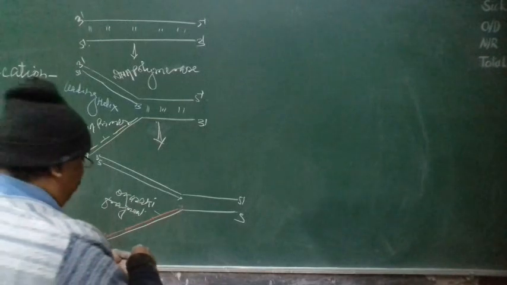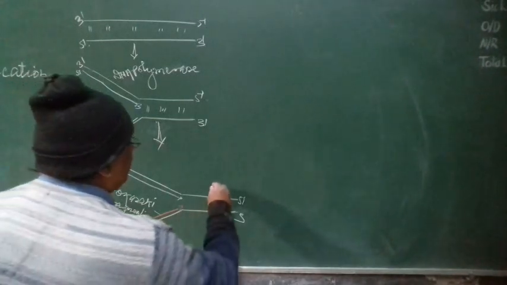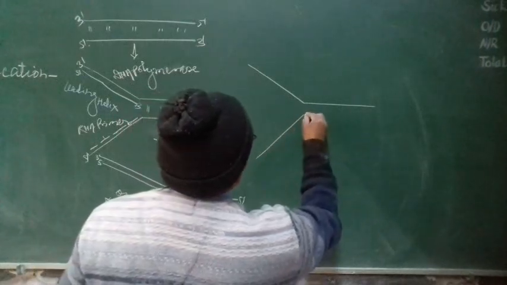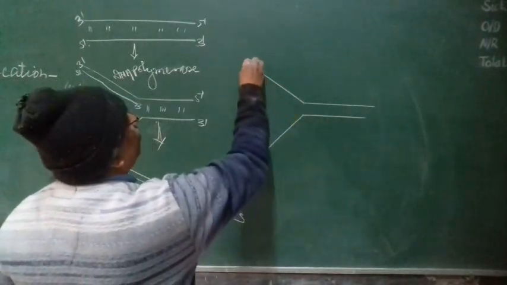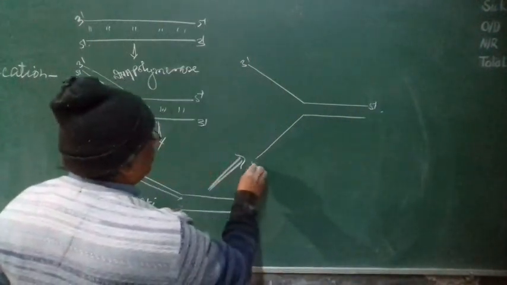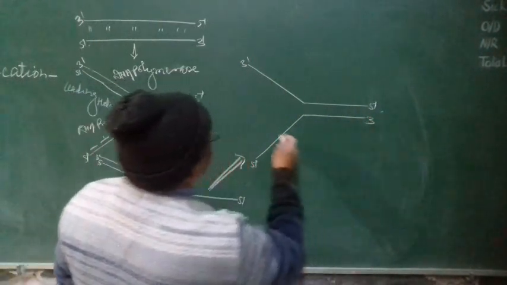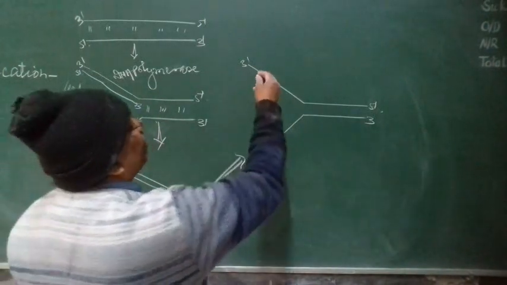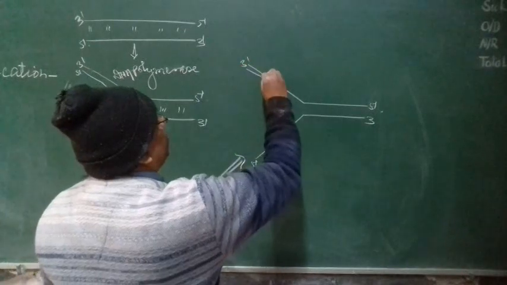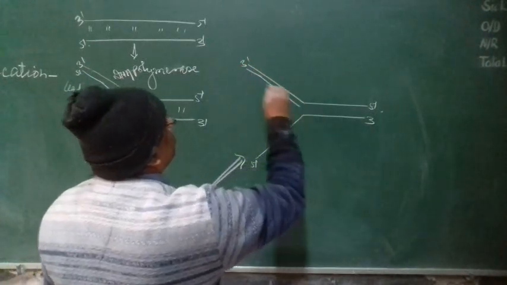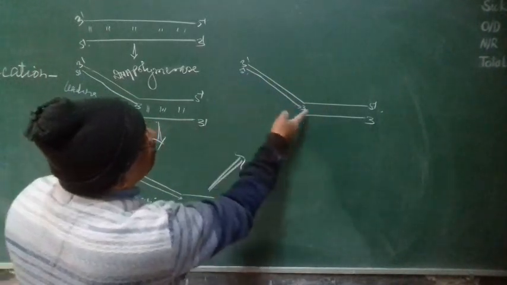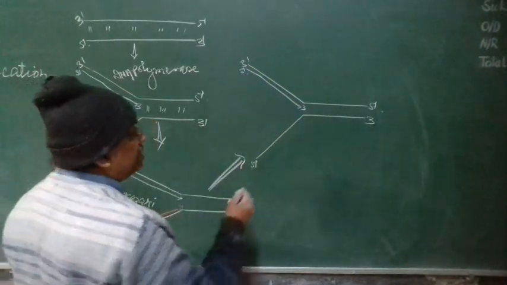In the presence of ligase enzyme, now here is the 3 to 5 polarity, here 5 to 3 polarity. This is the old helix of DNA, and here on this 5 to 3 polarity, this is the leading helix.